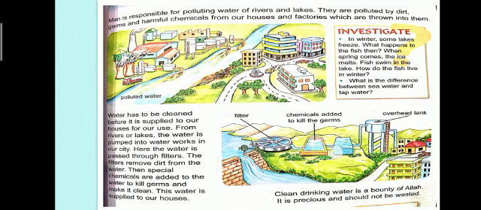Then this dirt-free and germ-free water is sent to the reservoirs, and from there to the tanks, and through the pipelines or different ways it is sent to your houses. So this is how we get water from the rivers to our houses.